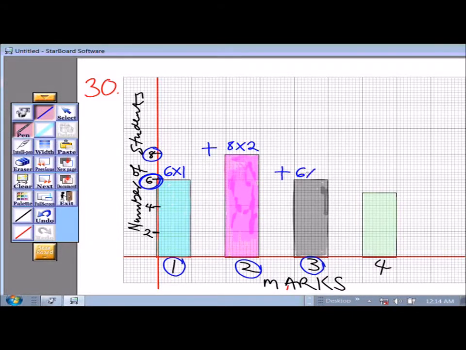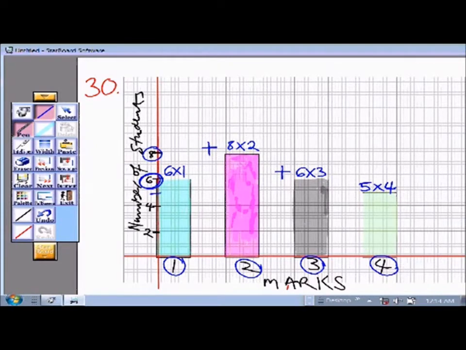The length of each bar here is the height of the bar, and the breadth of each of the bars is not going to be the apparently equal horizontal width as shown in the diagram, but the marks written under each of the bars respectively, that is 1, 2, 3, and 4.